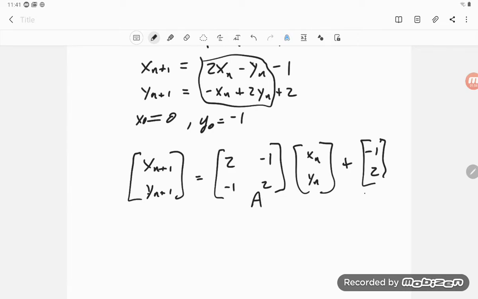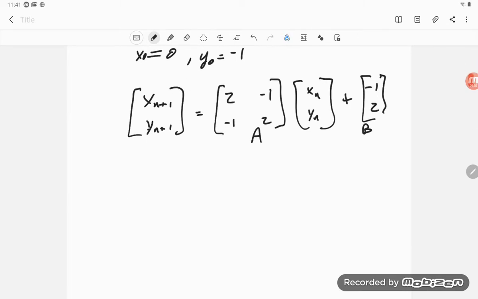And so if we call that A and that B, we have that x_{n+1} as a vector is equal to A x_n plus B.